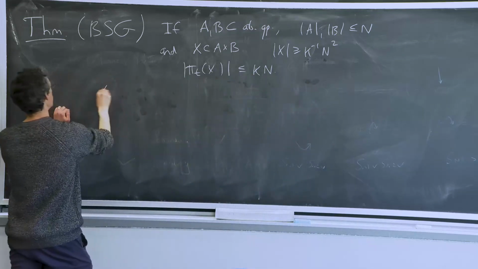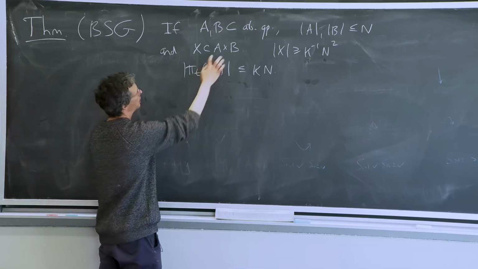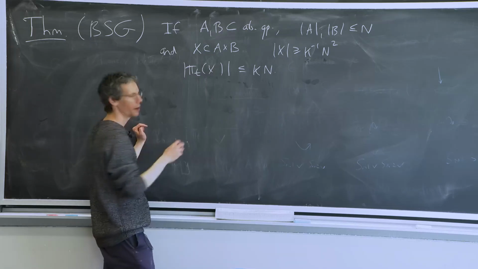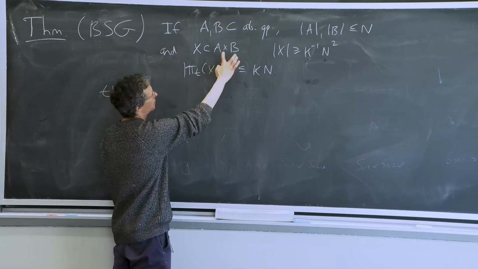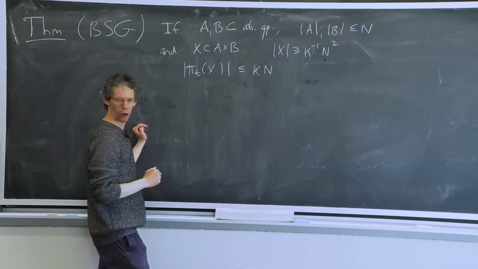And then the conclusion is, it's not necessarily the case that pi t of all of A cross B is small. We just saw a counterexample to that. But we could find big pieces of A and B so that the projection of the big pieces is small.